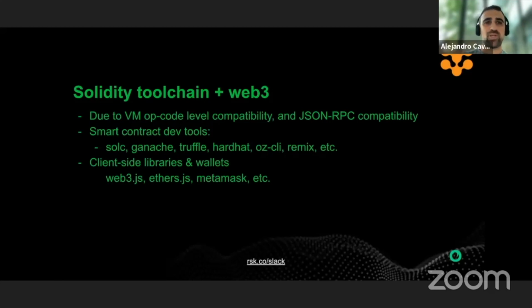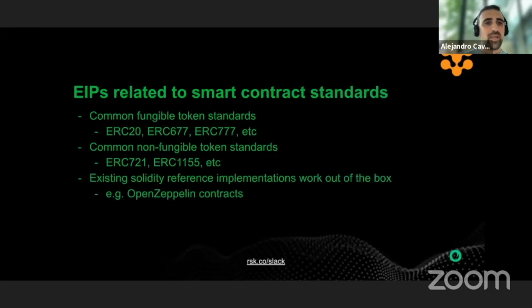As I said before, you can get a compiled bytecode and deploy it to Rootstock, and it's working. You have the same contract working. We have some correlation with the EIPs, talking about smart contract standards.